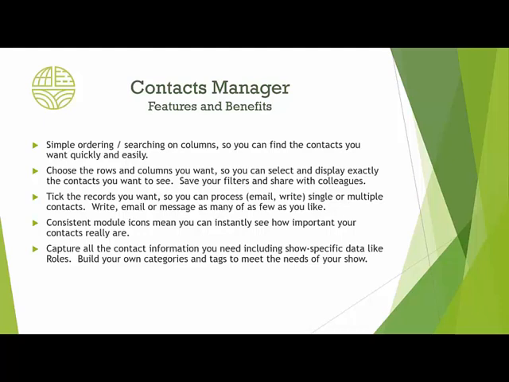You can catch a lot of information that you need for show specific data via roles and categories. So it's a real quick and easy way to build up a lot of your own information within the system, so you know exactly which contact has what.